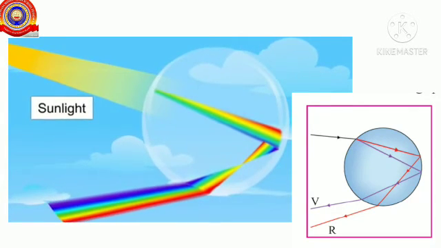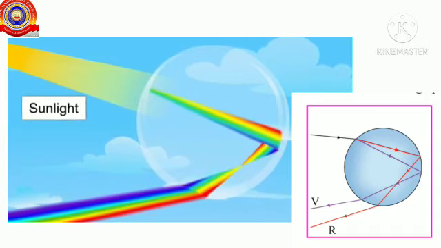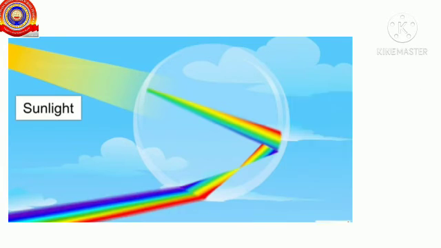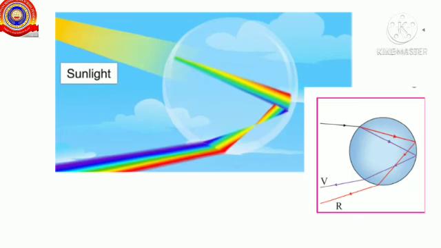As the band reaches the first edge, it is refracted again and finally comes out of the raindrop, which is what we see as a rainbow. A rainbow is always formed opposite to the sun. When the sunlight passes through a water droplet, it undergoes refraction 2 times and internal reflection 1 time.